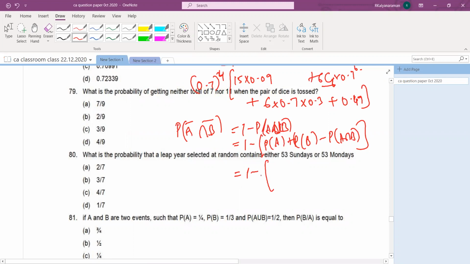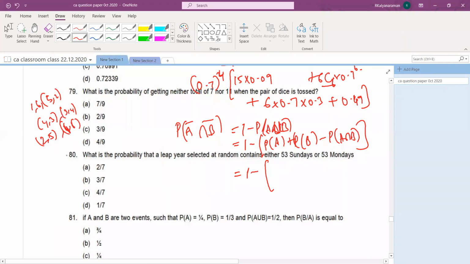Total of 7 will come in how many ways? When a pair of dice is tossed, total of 7 is 1,6, 5,2, 4,3, 3,4, 2,5, 1,6. This is the total of 7.